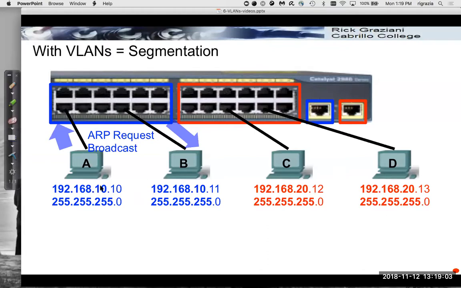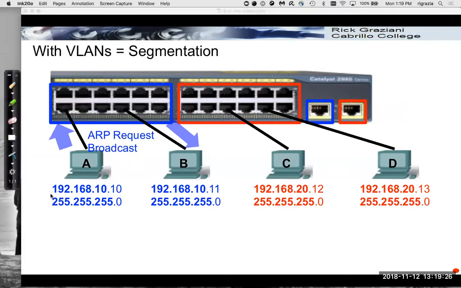This is why we want this. And again, devices are unaware of the VLAN configuration on the switch. But it's very important that we associate the IP addresses of our devices with the VLAN that they belong to.